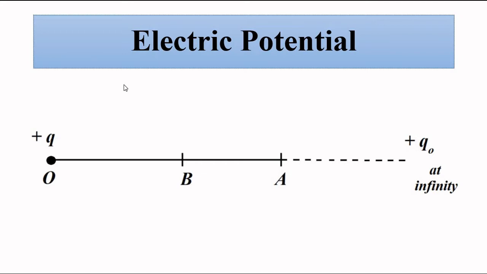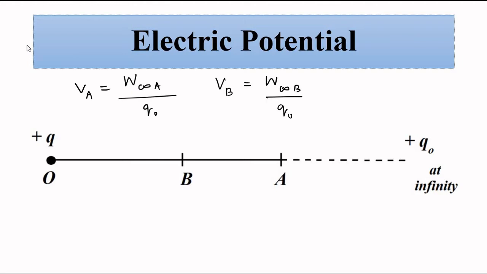So the electric potential at any point, let's say VA, is the work done in moving the positive test charge Q0 from infinity to that point divided by the test charge itself. Similarly, the electric potential at point VB is the work done in moving the test charge from infinity to that point divided by the test charge.